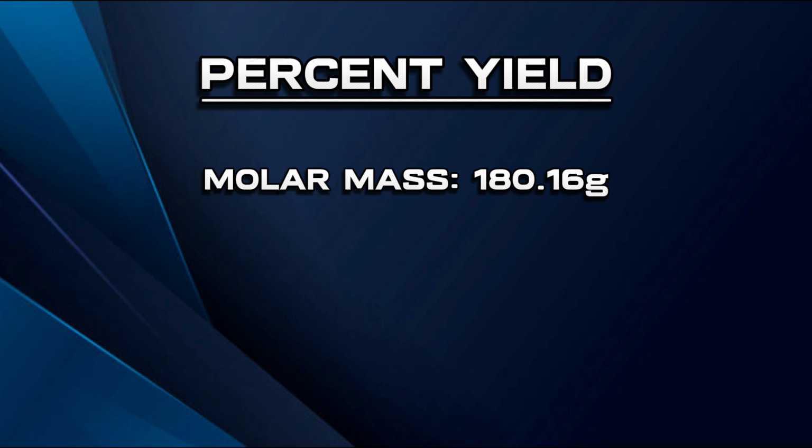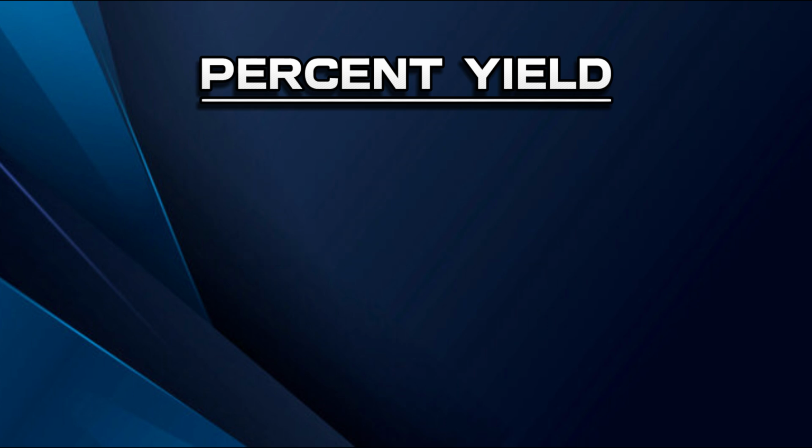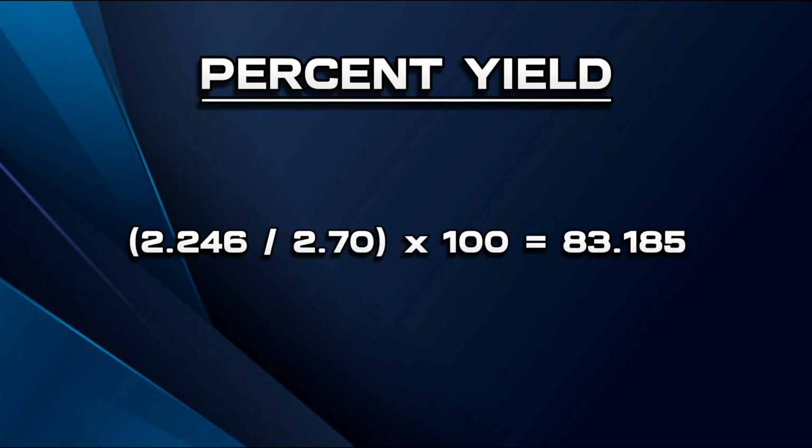Using the molar mass of acetylsalicylic acid, which is 180.16 grams per mole, we find that we can have a maximum of 2.70 grams. This weight does not account for any impurities or water, so our percent yield may be skewed because of such additives. Using our 2 yields, our percent yield comes out to 83.185%.